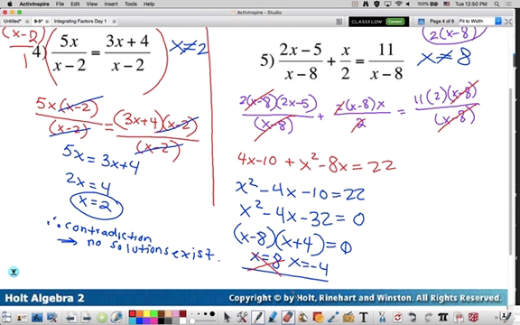You should check your work and make sure that negative 4 works. Why don't you do that? Just make sure that negative 4 works. Check your work.